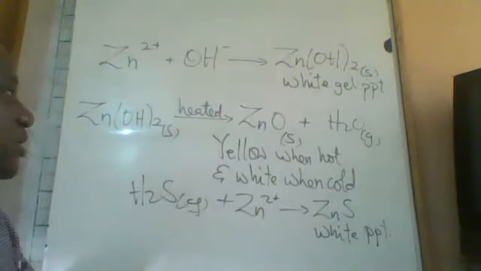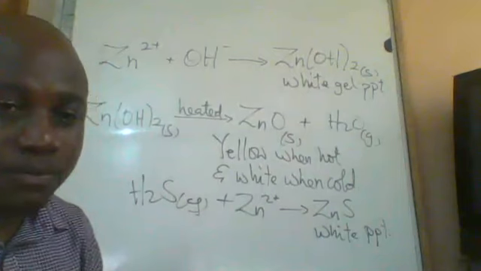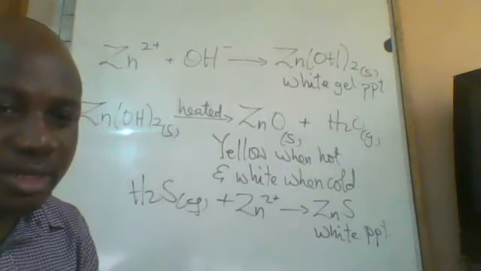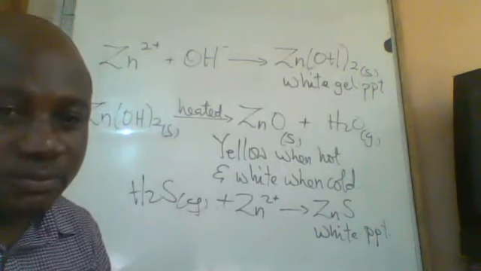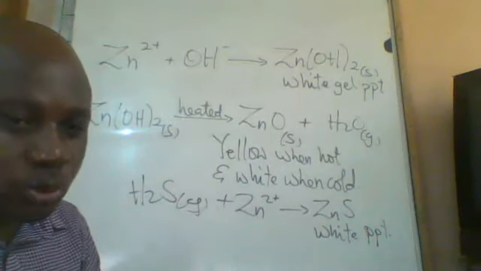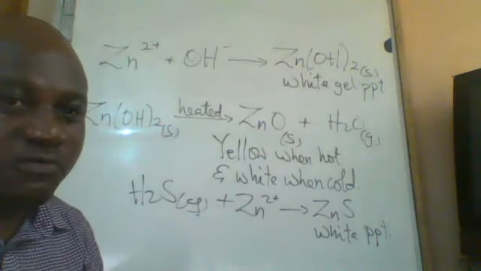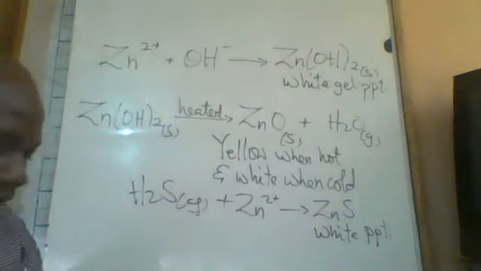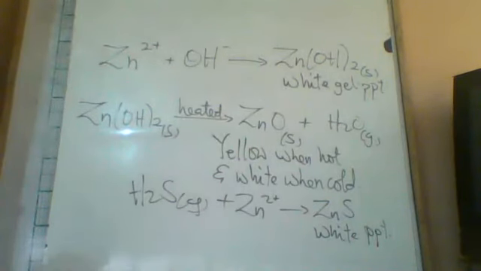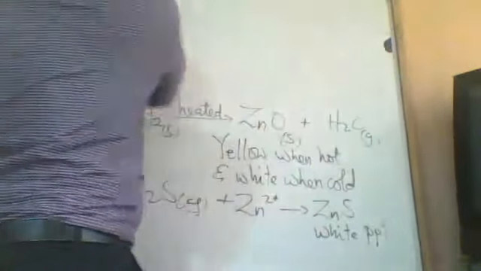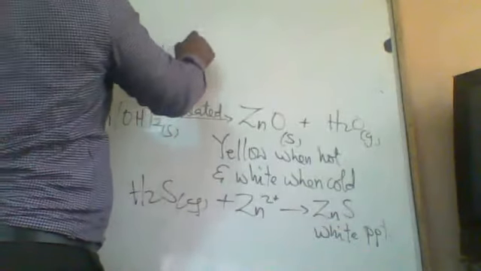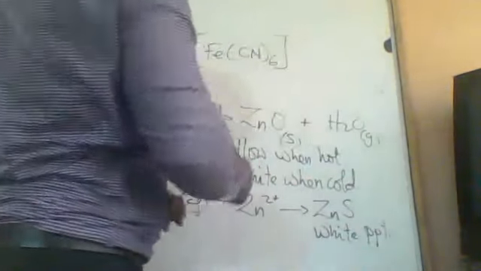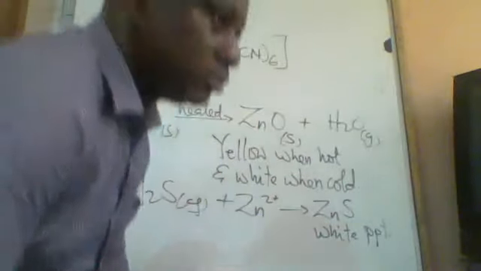So for the zinc, we mentioned 3 tests there. The use of aqueous ammonia, followed by strong heating, and then the use of hydrogen sulfide, and that'll give you white PPT, and then the use of potassium hexacyanoferrate(II), that is K4Fe(CN)6.